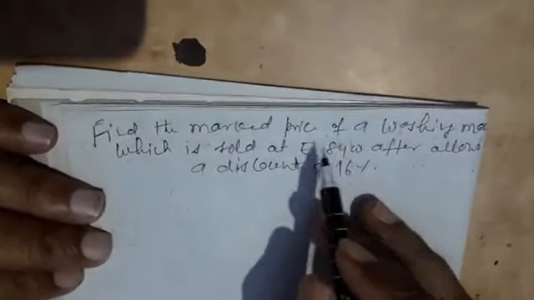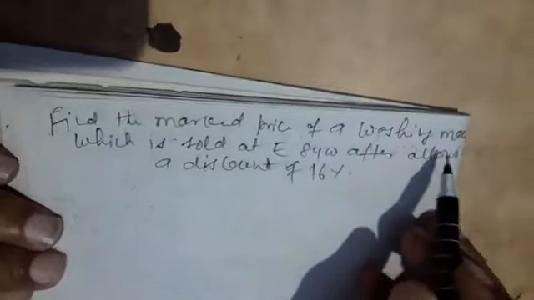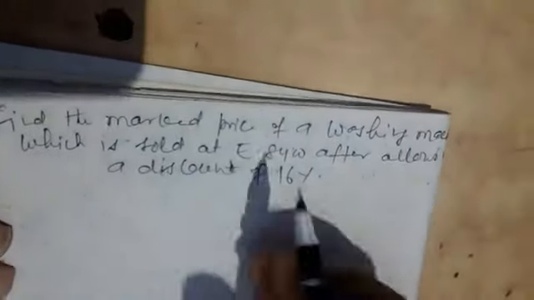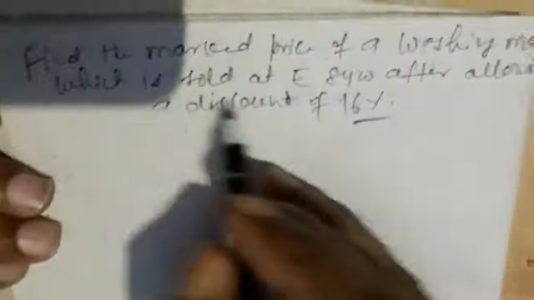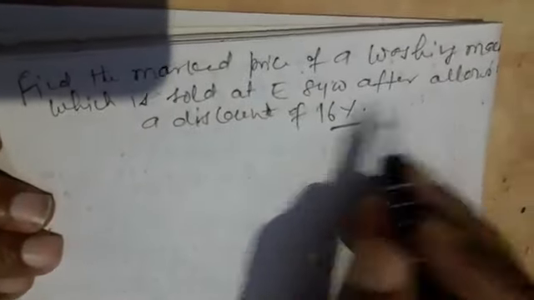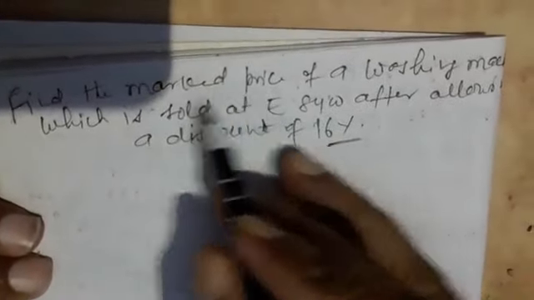Now we have one question. Find mart price of a washing machine which is sold at rupees 8400 after allowing a discount of 16%. Here we have to find mart price.